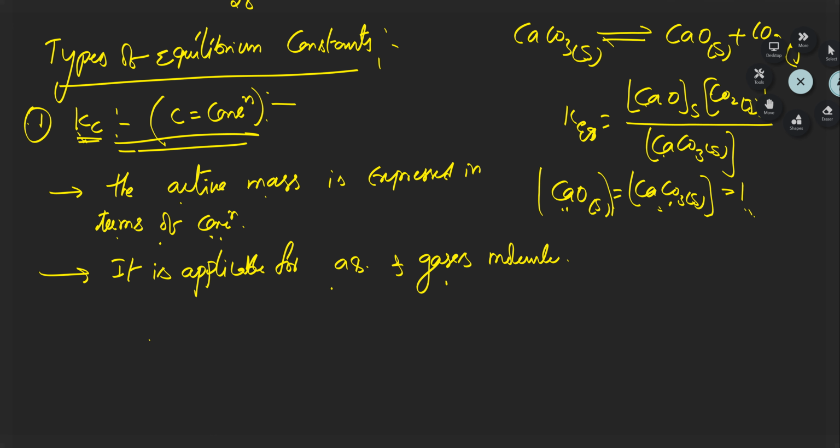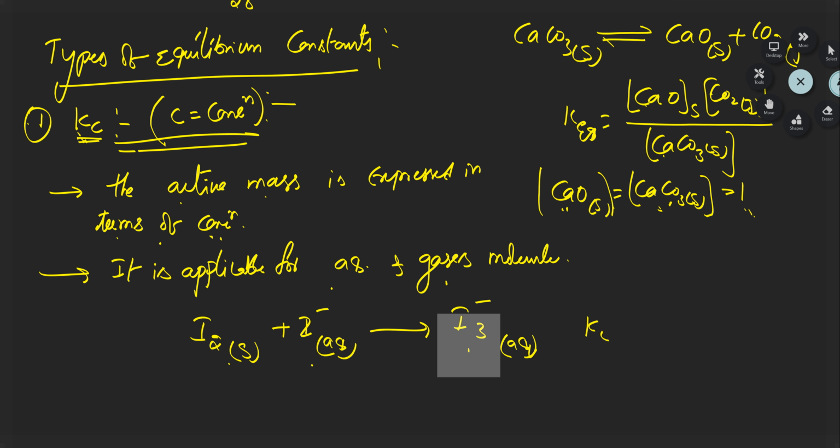For example, I2 I am taking in solid state plus I minus in aqueous state, which is going to be I3 minus, I am taking here aqueous. So equilibrium constant Kc, if they are given values in concentration, we should go with Kc.